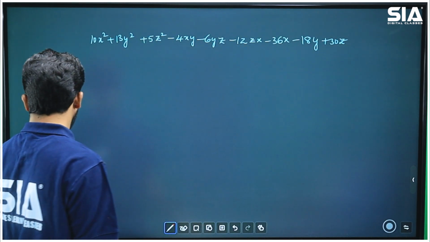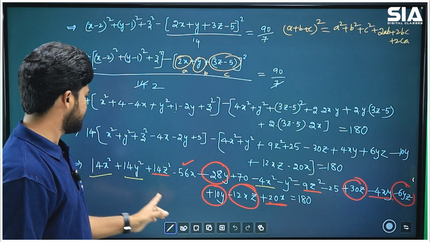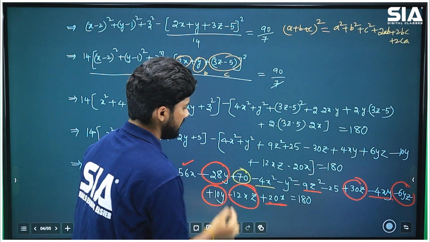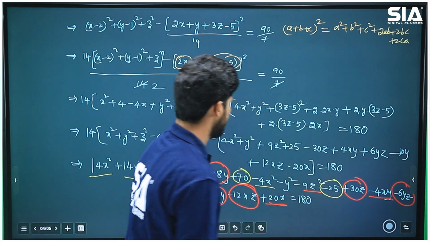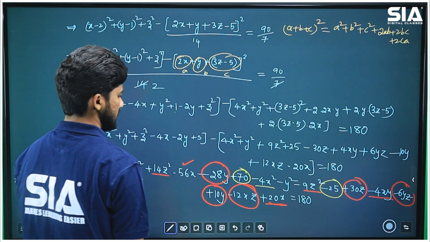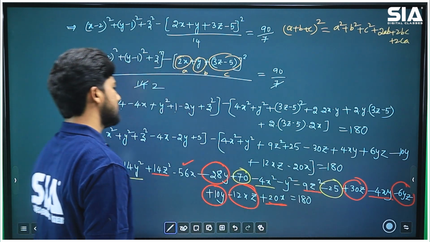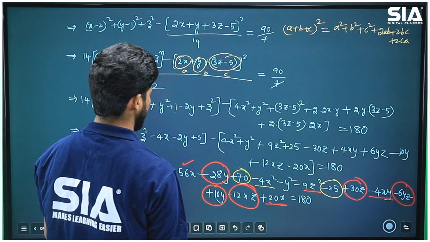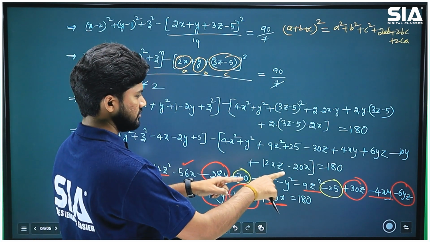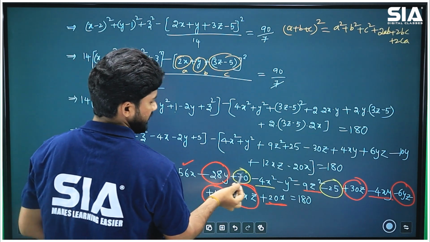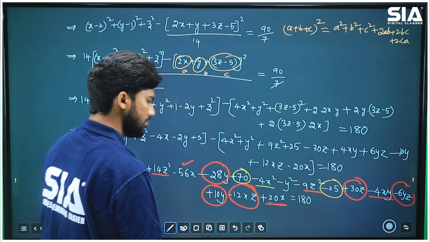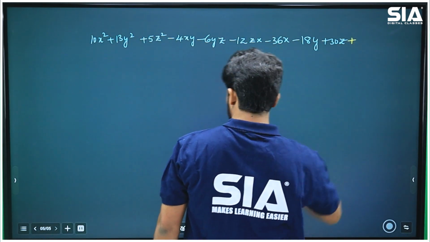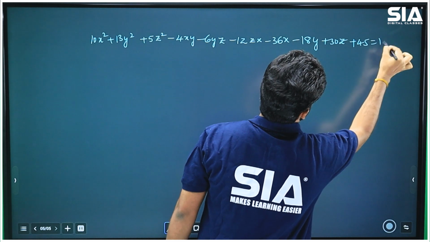And the remaining values are constants. What are the constants? Here you have plus 70 minus 25, that is 45. Plus 45, if you send it to RHS, is equal to 180.